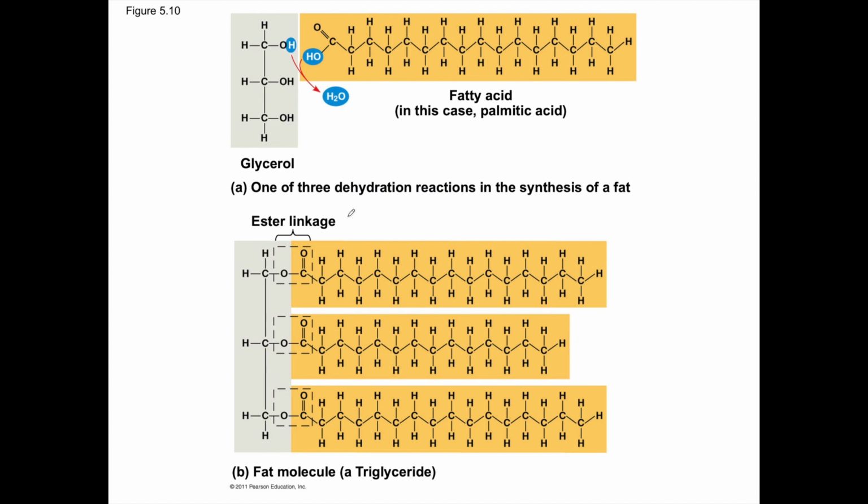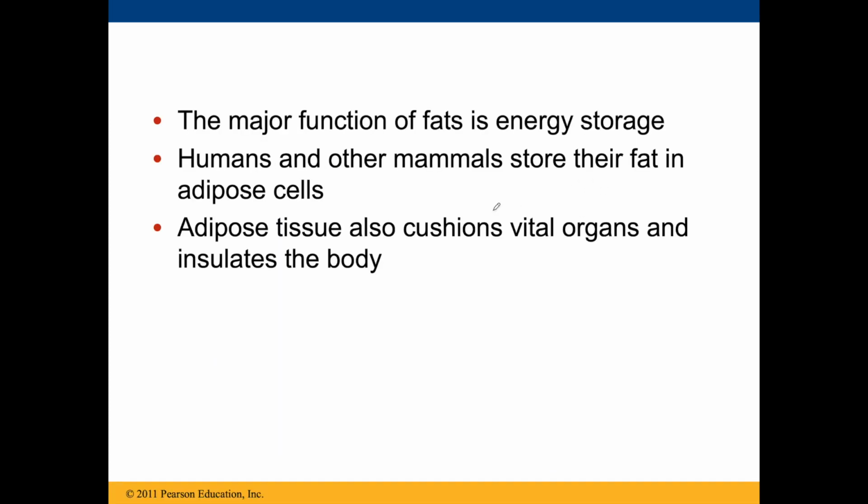Humans and other mammals store fat in their adipose tissue or adipose cells. Besides storing energy for later use, adipose tissue also cushions vital organs and helps to insulate our body. It makes it easier for us to maintain our body temperature. So that is fat or triglyceride, which is your first type of lipid.